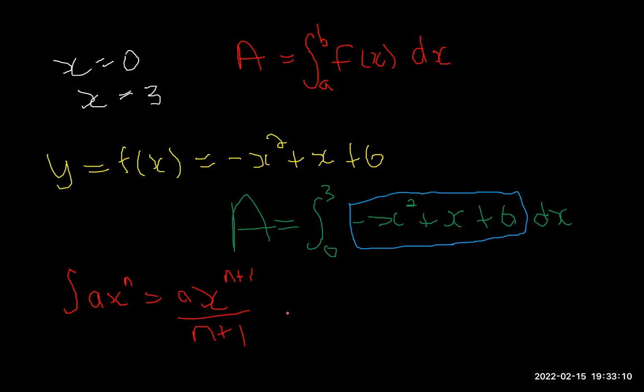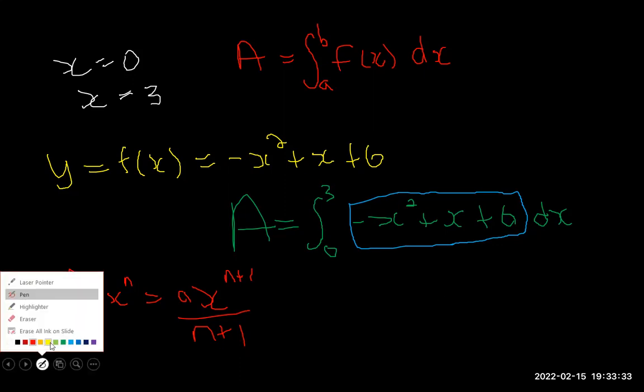We're not including the plus c here. In the previous class, I showed you why we don't do that. So for definite integration, remember, you do not include that arbitrary constant. We do not put plus c. We're just applying this rule. Looking at this expression, I'm going to use this rule to find my integral. Just follow the rule.